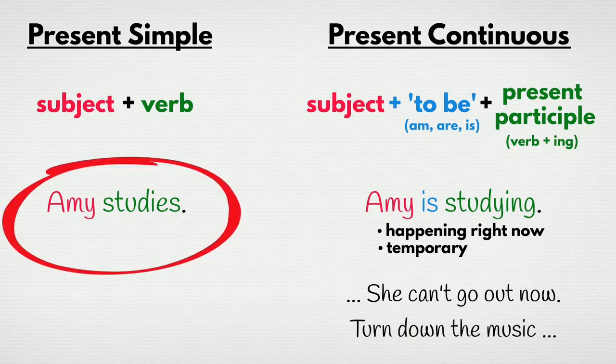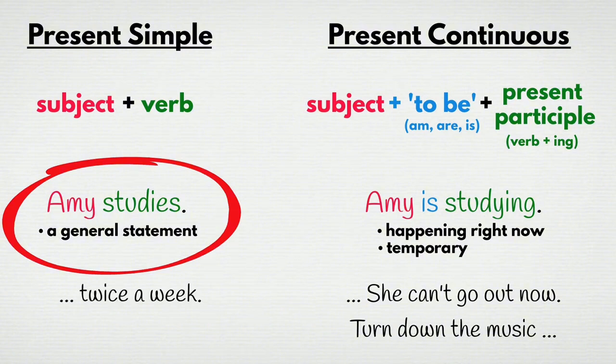This sentence, which is written in present simple, is more of a general statement. Amy is not necessarily studying right now as we speak, but in general she studies. We might add a time phrase to our sentence, something like, Amy studies twice a week, or Amy studies every day.